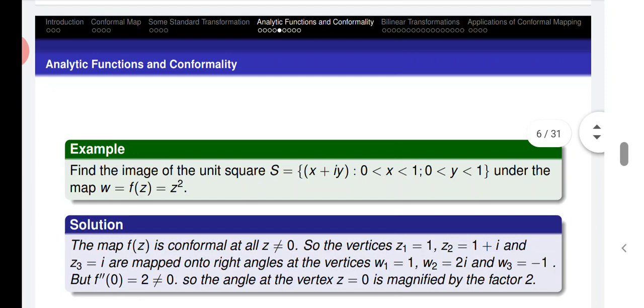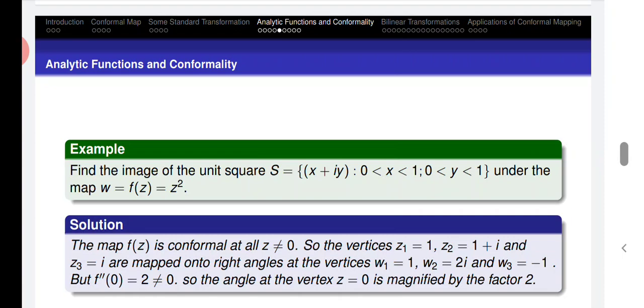Now we have an example. Find the image of the unit square S equal to x plus iota y such that x lies from 0 to 1 and y lies from 0 to 1 under the map w equal to f of z equal to z square. For the solution, the map f of z is conformal at all z not equal to 0.